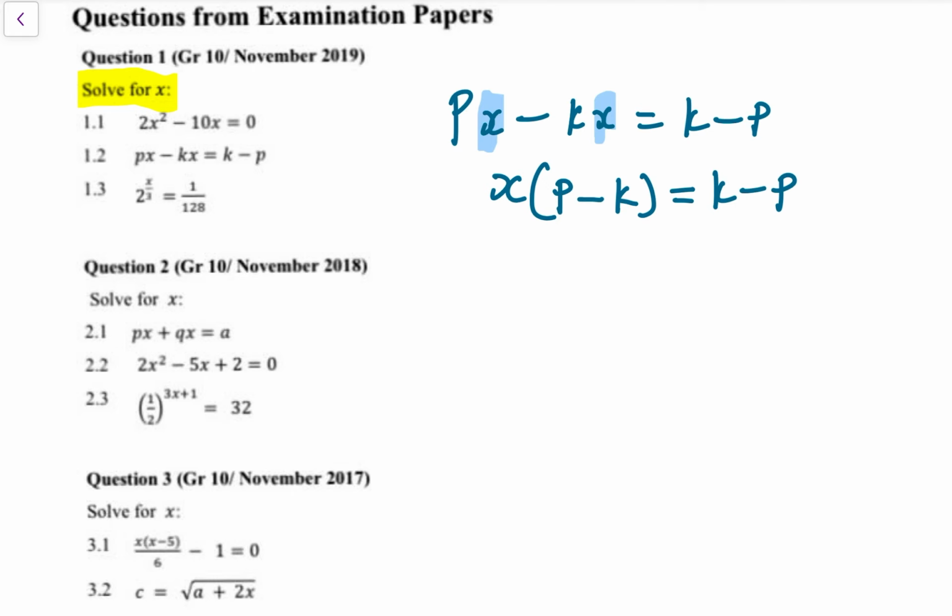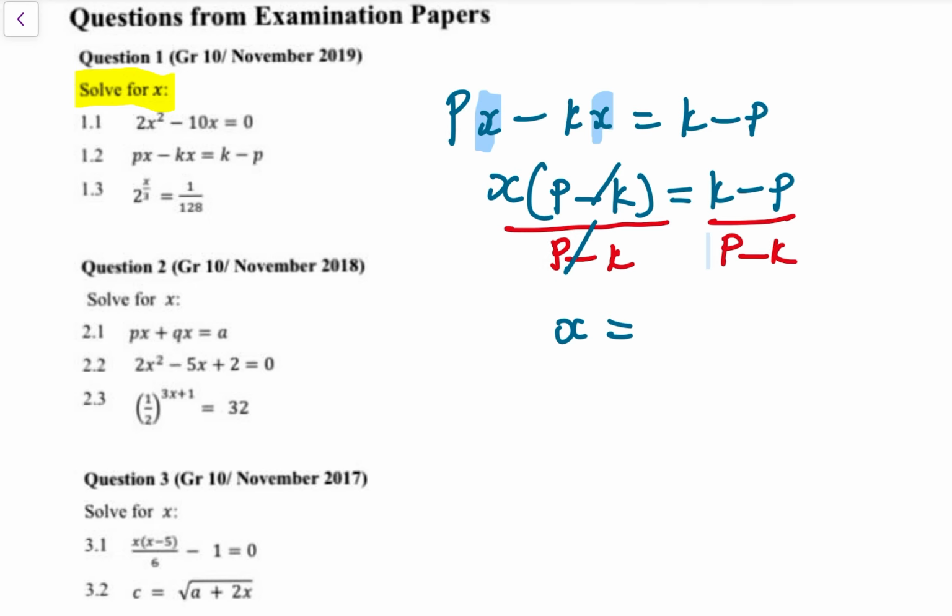So if we divide on both sides with p minus k, here we can see that this and that cancel out, and then we are left with x is equal to, now, there is a switch of signs here. We can do sign arrangement.